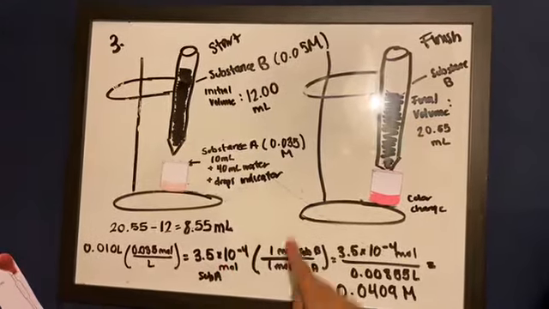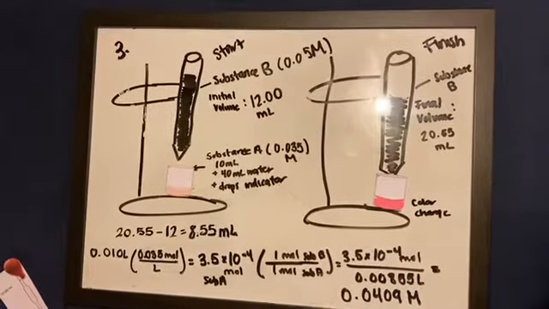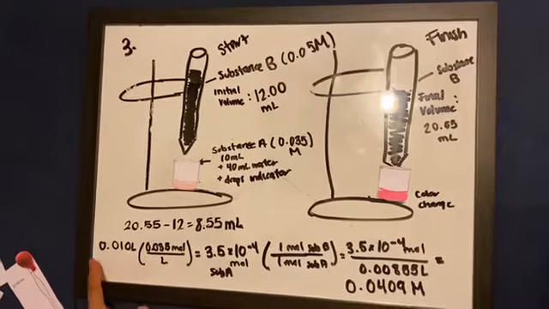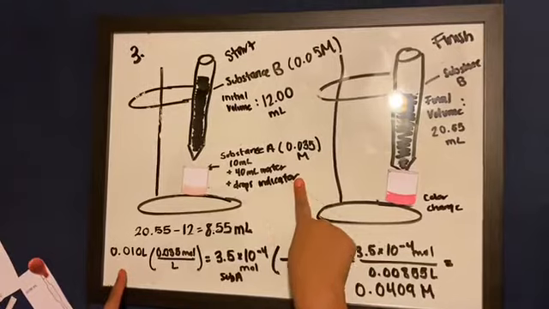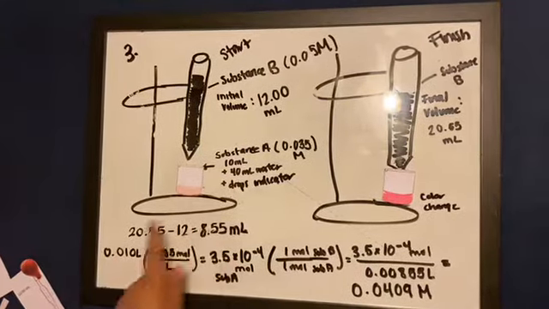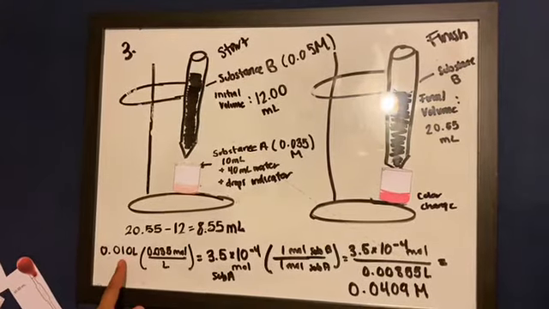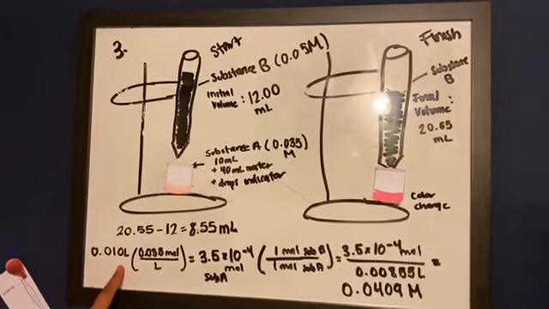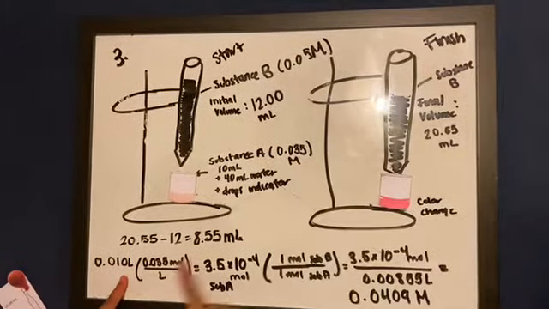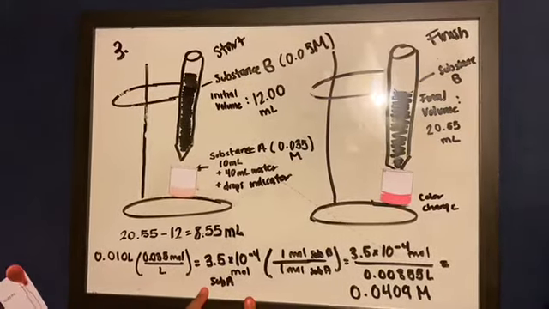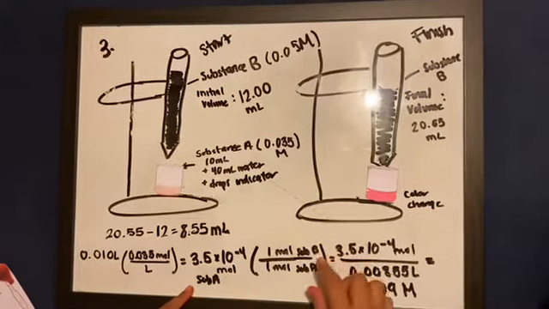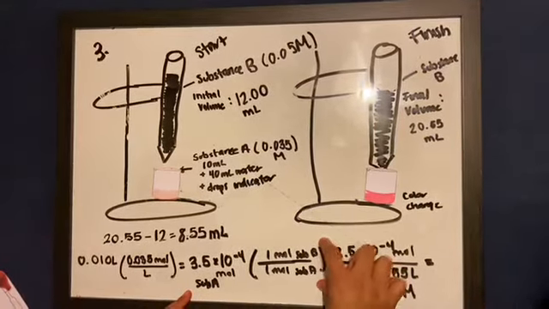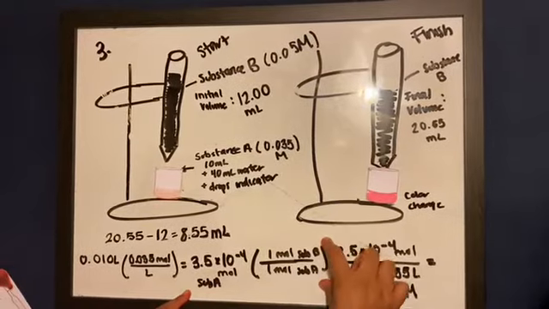So to figure out the concentration of substance B, we used the information we knew for substance A, the 10 milliliters to 0.010 liters, and then the concentration of substance A to figure out the amount of moles. From here, we use stoichiometry, and we know it's a 1-to-1 ratio is our assumption.